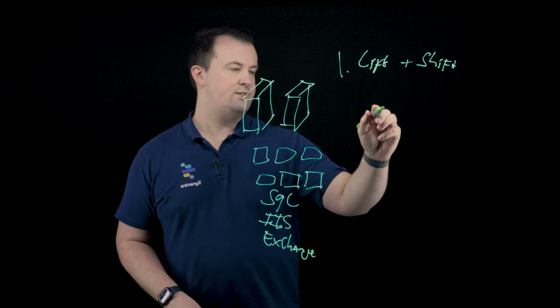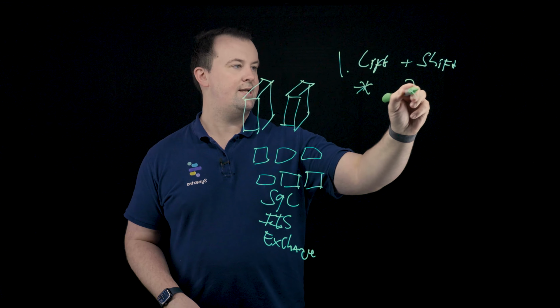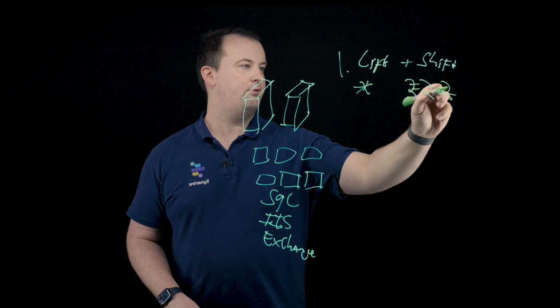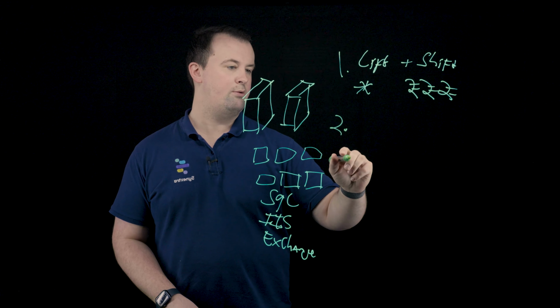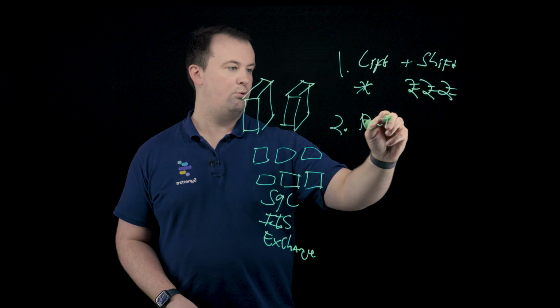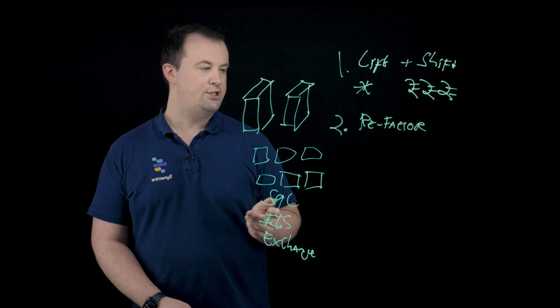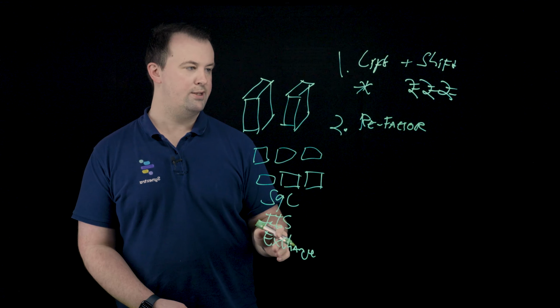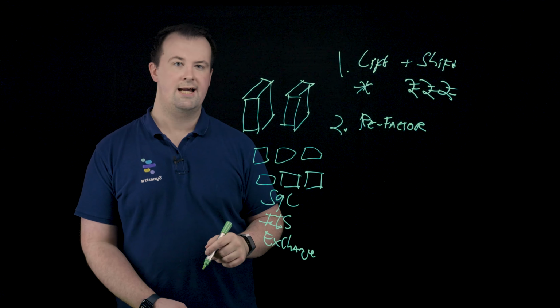The big downside of that is it's not super flexible, so we'll give it a 1-star for flexibility, and it tends to be very, very expensive. Then we've got 2, which is to refactor. We'll go through these in a little more detail, but refactoring is taking your applications and converting them into PaaS, so things like Azure SQL, AWS RDS, whatever it might be.